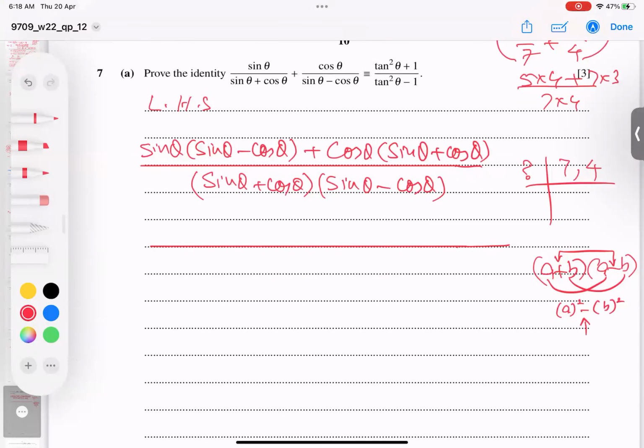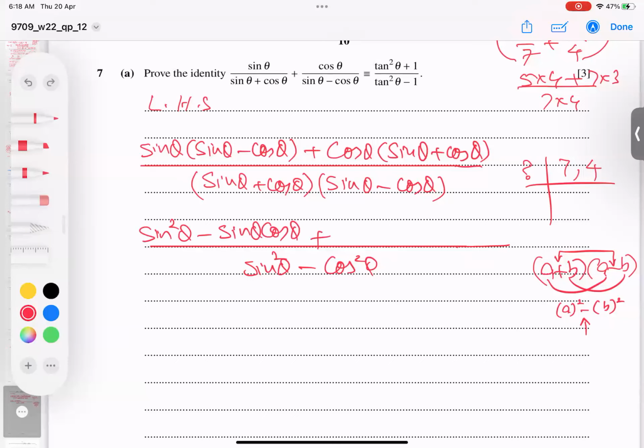Same story here: square of sine theta minus square of cos theta. Now this multiplies and multiplies: sine times sine gives sine square, sine times cos. I can write in any order, but I write sine before cos.